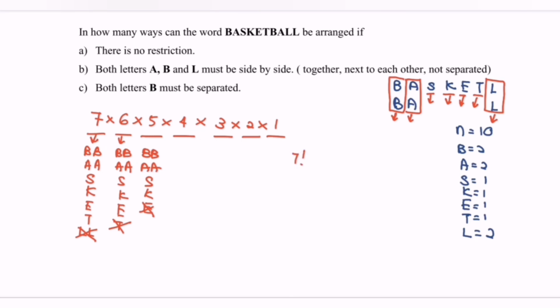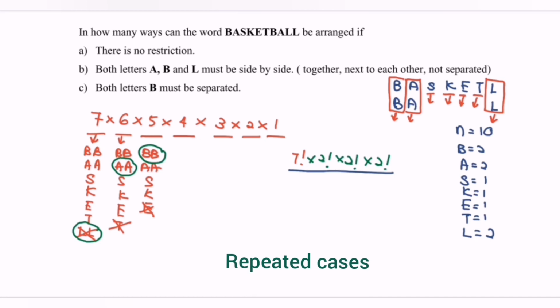Kindly imagine the situation for this case, where we have 2 factorial for the double L, the same for the double A, and we also have the double B. Going through the situation, we notice that we already involve all the letters, and inside the arrangement there are repeated cases.